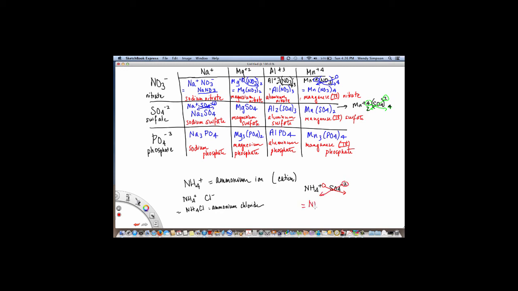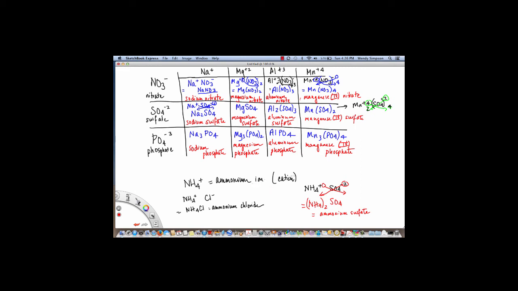So our formula is (NH4)2SO4. We need parentheses around the ammonium to put the subscript of 2 that's coming from here, and the sulfate just has a subscript of 1, so no parentheses are needed. The name of the compound is ammonium sulfate.